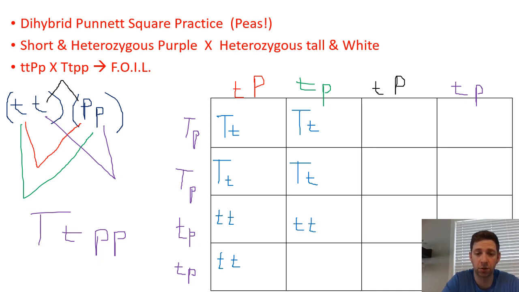If this part makes total sense to you, feel free to fast forward until I get done and start adding up the genotype and phenotype ratios. But otherwise, feel free to watch as I fill this out. Why am I writing P? It's a mistake.